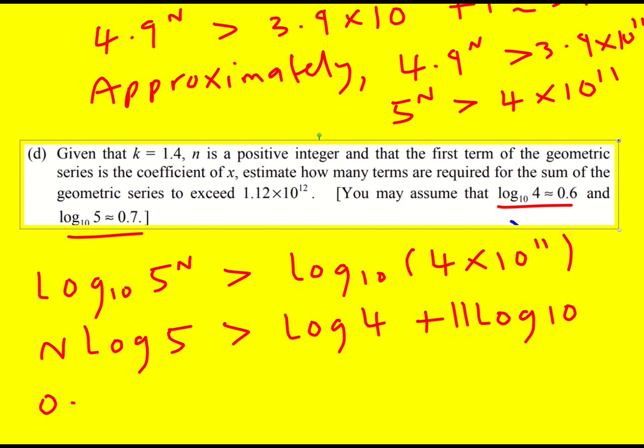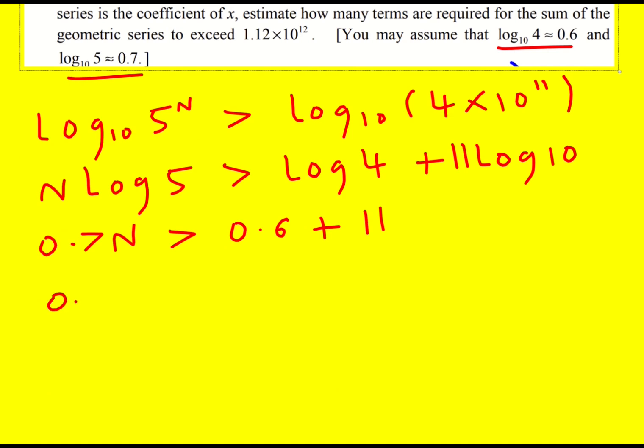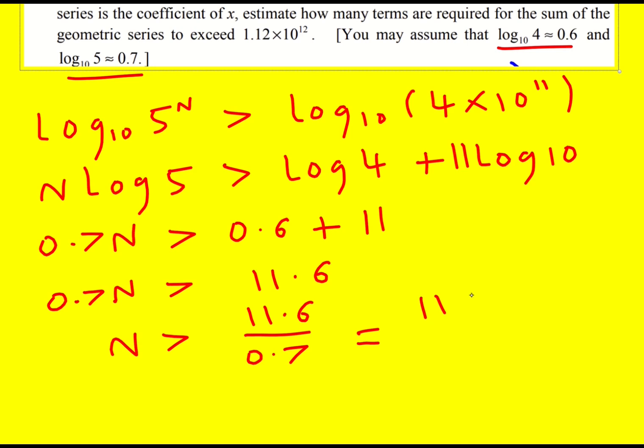So 0.7 n is greater than 0.6. Now remember, log 10 to base 10 is actually just 1, so this is 11. So n is bigger than 11.6 divided by 0.7, or 116 over 7.